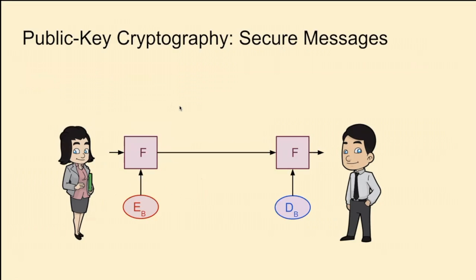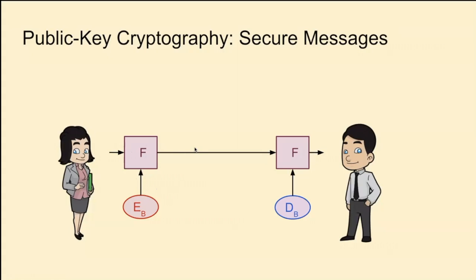So here again is just kind of a review of how public key cryptography can be used to send secure messages. So to allow Alice to send a message to Bob in a form that only Bob will be able to read. So Alice's plain text goes into this box F. She gives it Bob's encryption key, the one that he has written on the walls and put in the telephone book and on his Facebook page and so forth.